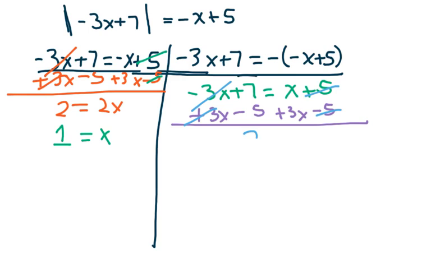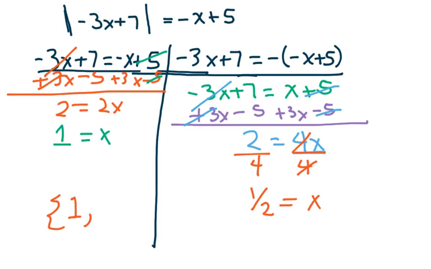We're going to get 2 equals 4x. So x, you divide both sides by 4. I want to do this in my head, so forgive me if I skip steps. Okay, so x equals 1/2, because that cancels, and 2/4 reduces to 1/2. So your solution set is 1, 1/2.